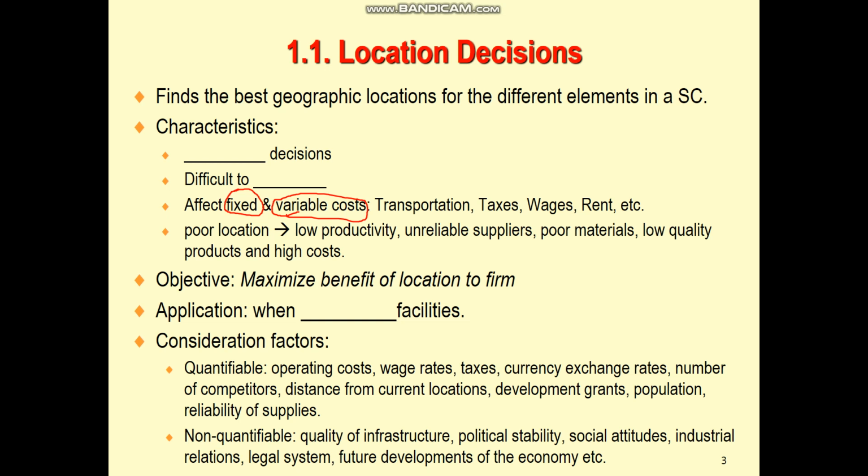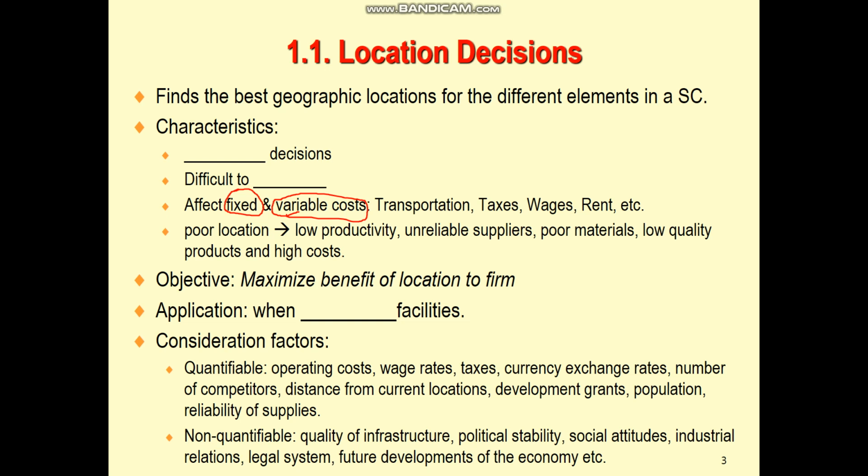Okay, and if we choose a poor location, we will have low productivity and also unreliable suppliers or poor materials.